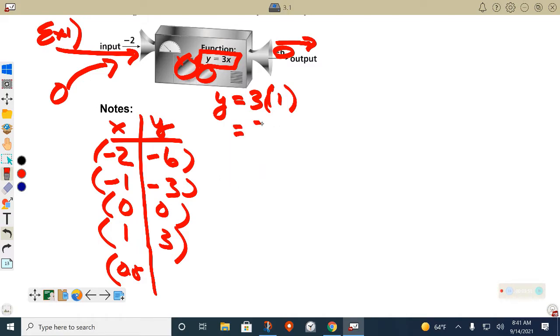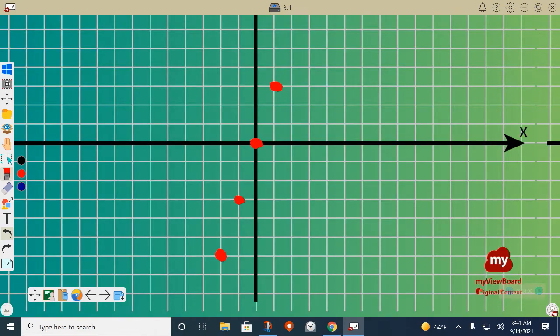So watch this, 3 times 0.5 becomes 1.5. So look at this, 0.5, 1.5 is right there. 1/2 on x and then 1.5 on y. So this is a continuous function. The way I plotted it, it looked discrete, but x can be anything I want it to be.